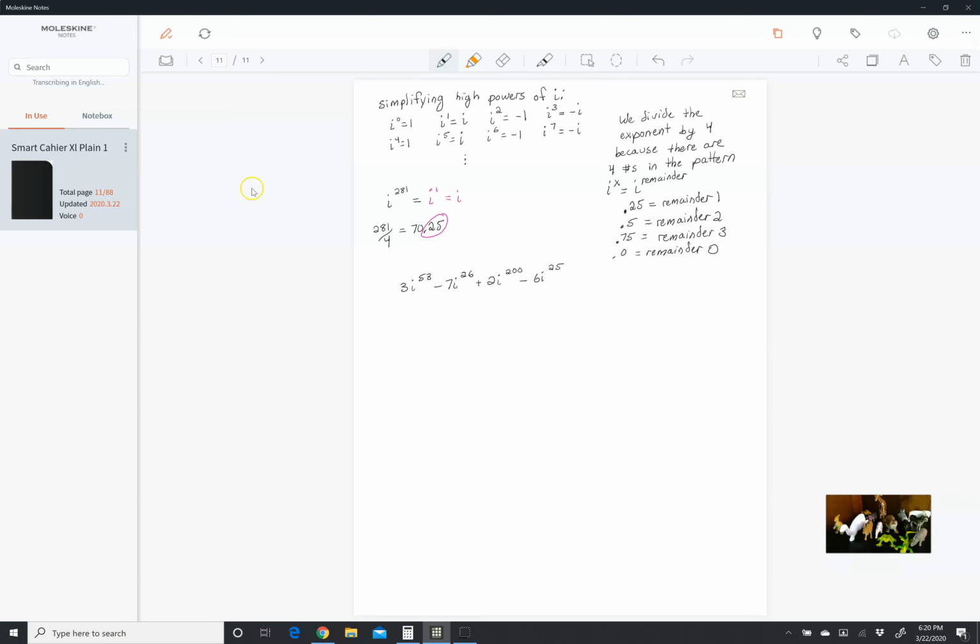Okay, so in order to do this, we're going to take each of our exponents and divide by 4. So let's do that. We have 53 divided by 4. Then we're also going to do 26 divided by 4, 200 divided by 4, and 25 divided by 4. Okay. Now, in reality, all we care about is the remainder.